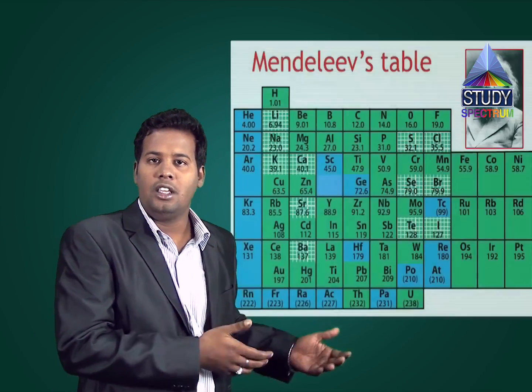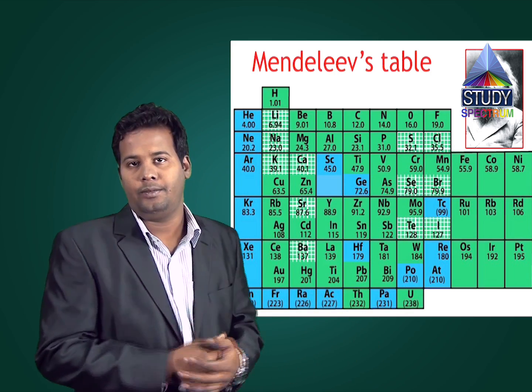In this way, he formed 8 groups and 7 periods. And he gave the law that physical and chemical properties of elements are periodic functions of their atomic masses, and formed his periodic table, which we can see as Mendeleev's periodic table.